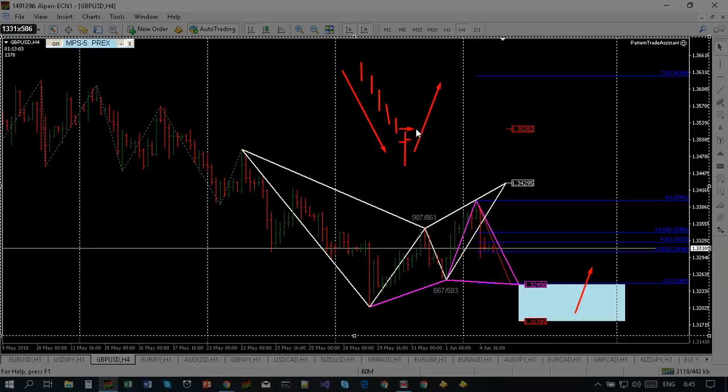I'm not looking for a confirmation to break the high of the candle, because the pattern by itself is giving me the edge. It is something that gives me a 60% probability that price will move from here to here to hit that trade 2 level. This is simply an entry technique.